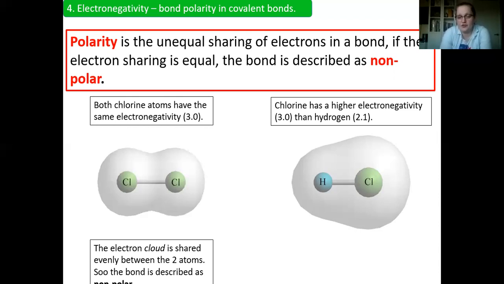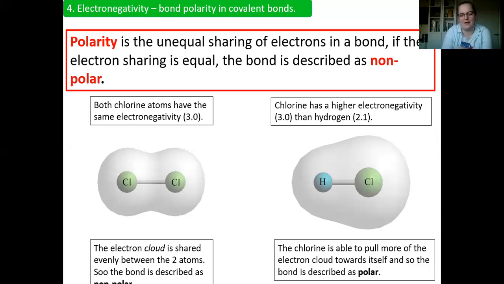You can see from this image straight away, because chlorine has a high electronegativity, it is going to be a polar molecule. It's more electronegative, so a greater density of the electrons will spend their time over at the chlorine atom. So the chlorine is able to pull more of the electron cloud towards itself, and therefore the bond is described as being polar.